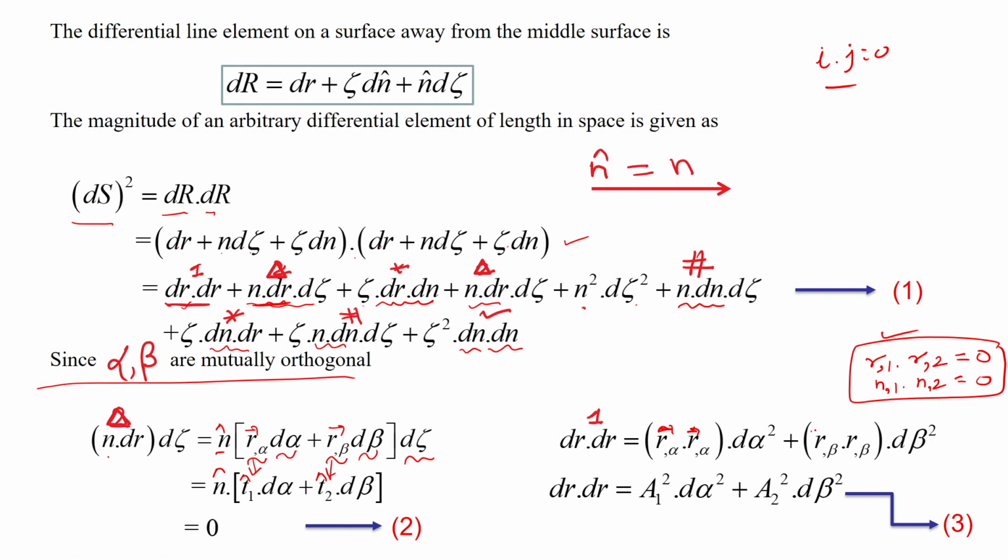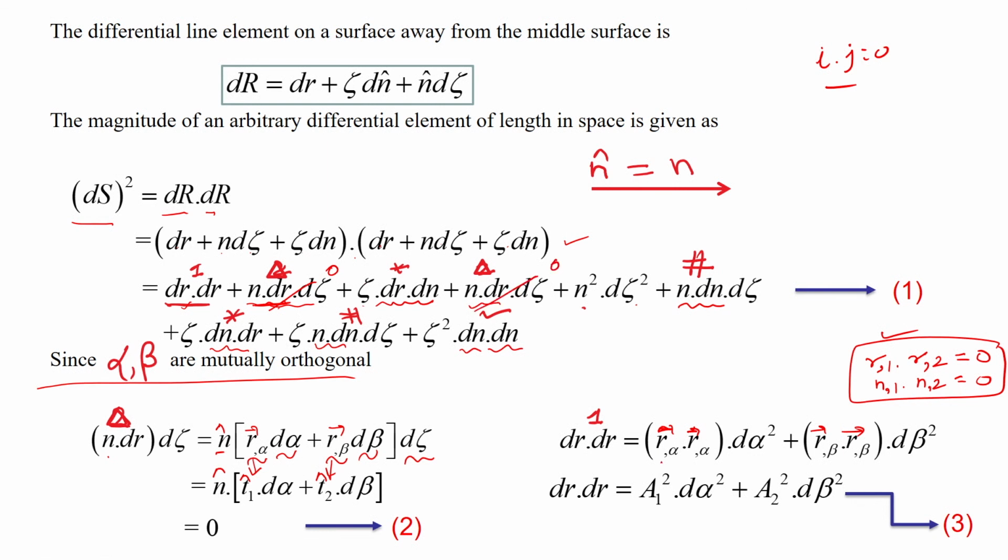There is an arrowhead for a vector, these are all vectors. So, n is perpendicular to T1, so the dot product is 0, then n is perpendicular to T2 also. So, this term will not give you anything. It is straightforward going to be a 0 contribution.